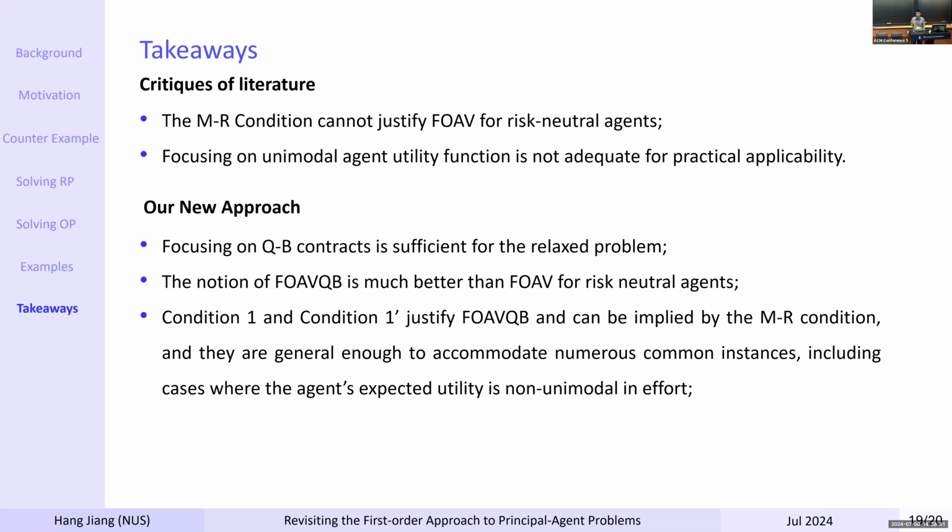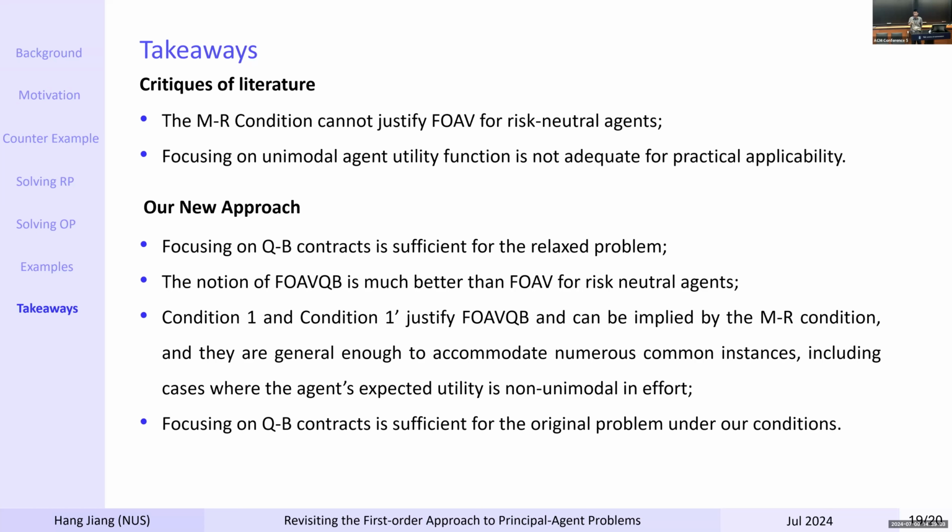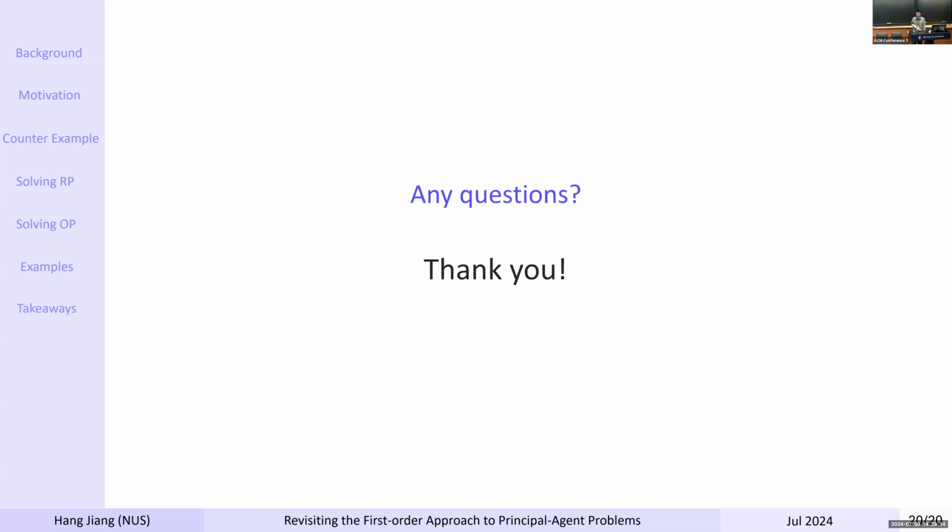And condition 1 prime justifies FOAB-QB and is implied by the MR condition. They are general enough to accommodate numerous common instances, including cases where the agent's expected utility is non-unimodal in effort. We show that focusing on QB contracts is sufficient for the original problem under our conditions. So here is the conclusion of this paper, and thank you.